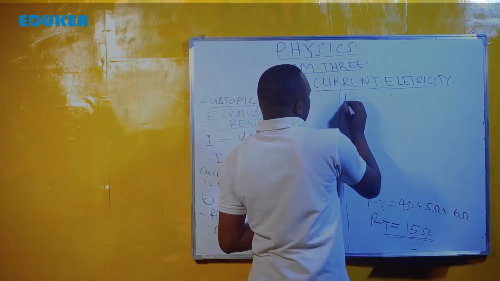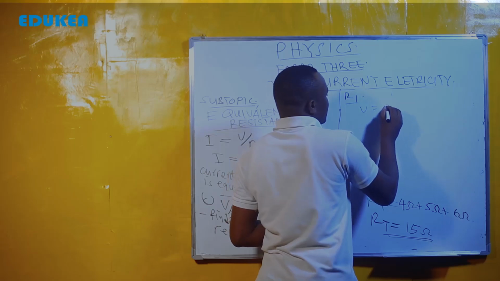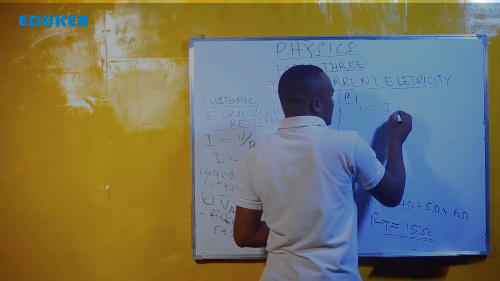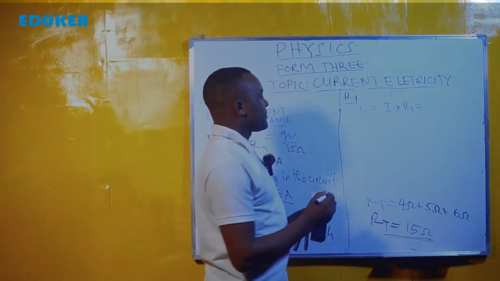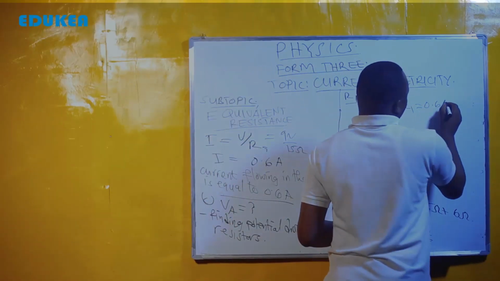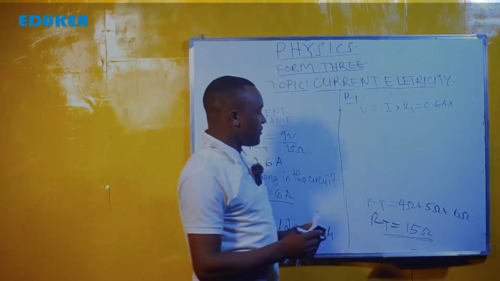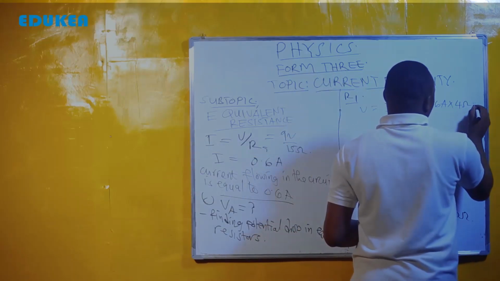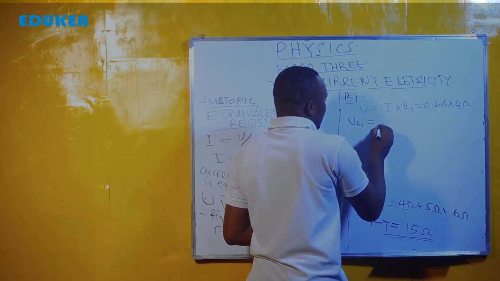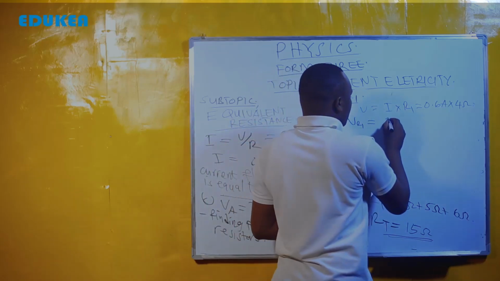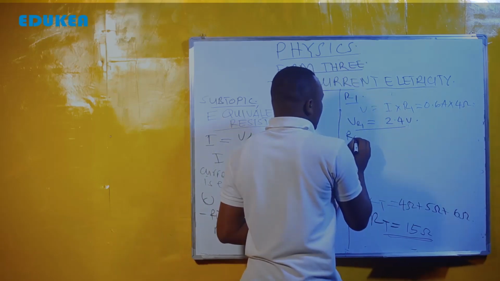So in resistor 1, the potential drop will be equal to current times resistor 1, which is 0.6 ampere times the value of R1, which was 4 ohm, so V at R1 will be equal to 2.4 volt. So what will be V at R2?